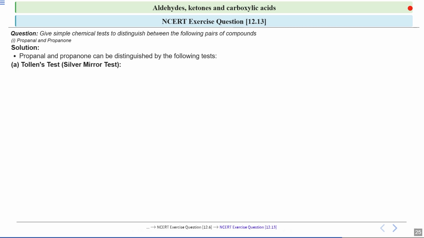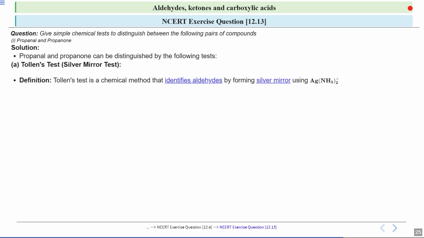This test is very specific for aldehydes, and does not work for most ketones. The Tollens test uses a special reagent that contains silver ions. When an aldehyde is present, it reduces silver ions to metallic silver and forms a shiny mirror on the test tube. This is a clear indication that an aldehyde group is present. Remember, ketones usually do not give this reaction.